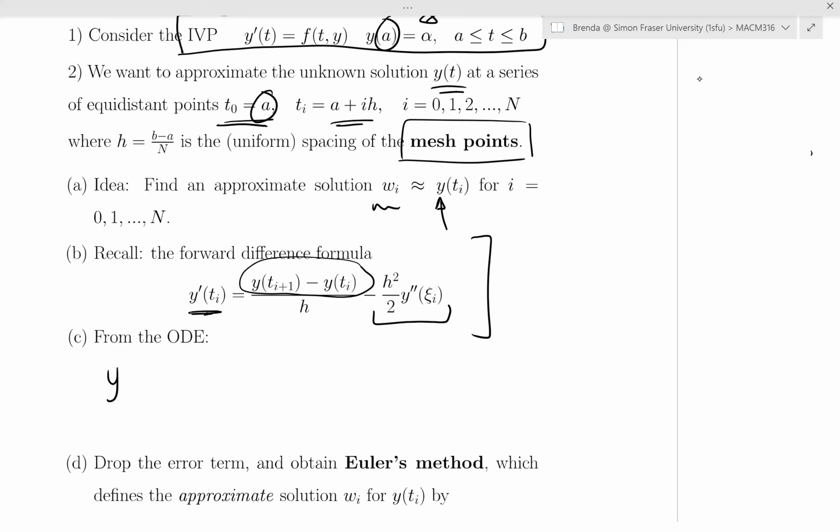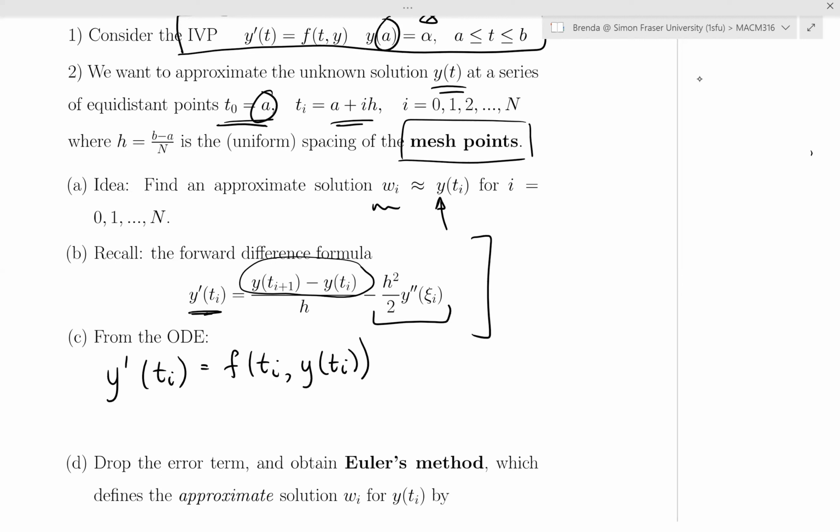Now we have a differential equation, and the differential equation looks like this. The derivative at time Ti is some function of Ti as well as the value of the function at Ti. That's the differential equation right there.